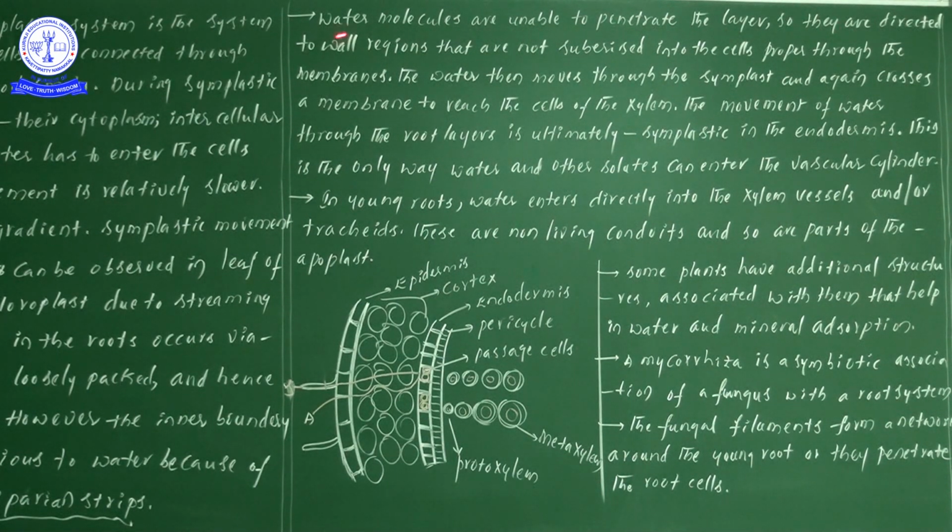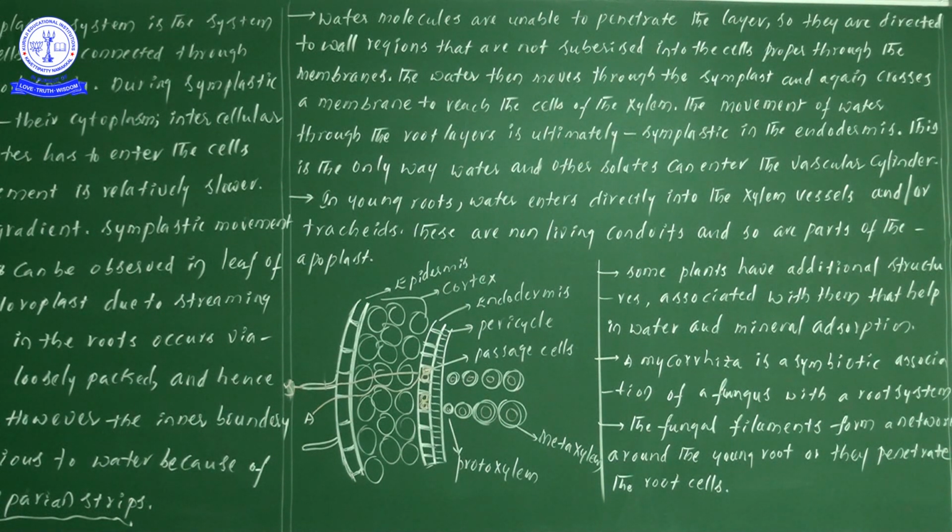So they are directed to wall regions that are not suberized. Not suberized means, where we observe the absence of suberin, there we observe cells made up of cellulose, hemicellulose, lignin.